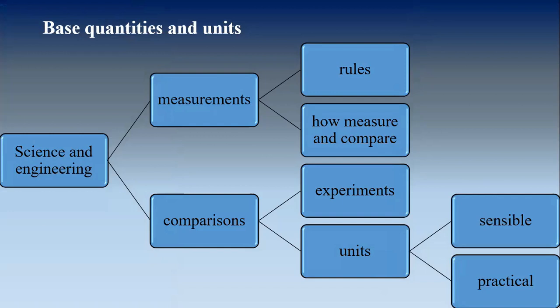We can define a unit and its standard in any way we care to. However, the important thing is to do so in such a way that scientists around the world will agree that our definitions are both sensible and practical. Base quantities such as mass, time, and length.